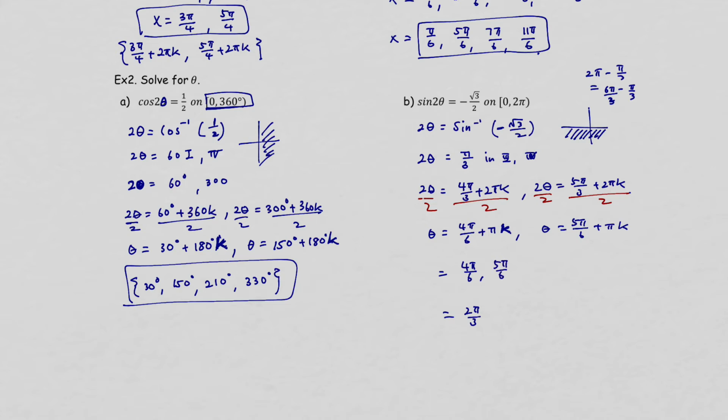If you have 1 rotation, you're adding pi, which is 6 over 6, plus 4 pi, so it will be 10 pi over 6. And then adding 6 over 6, you get 11 pi over 6. Let's reduce if you can. This second one you cannot reduce. The third one you can reduce, which is 5 pi over 3. Fourth one will still be 11 pi over 6. And that should be the angle.